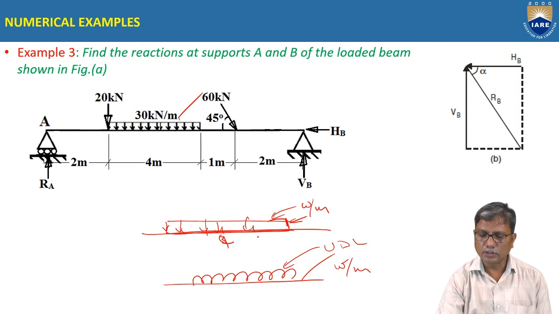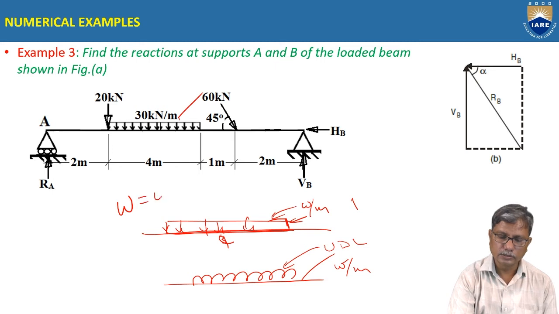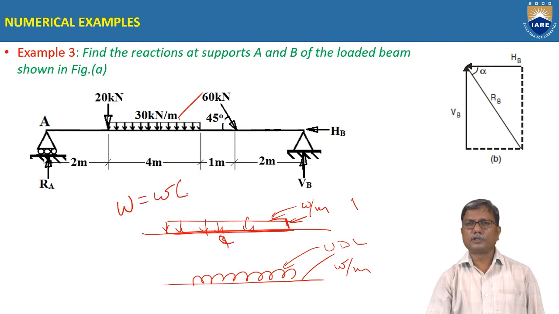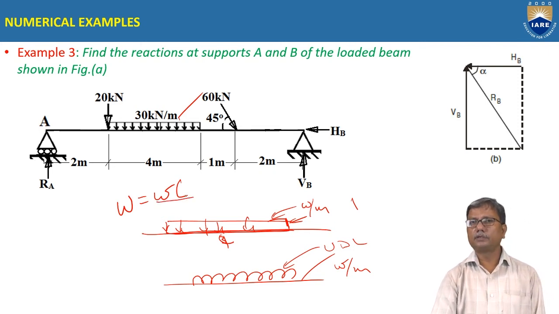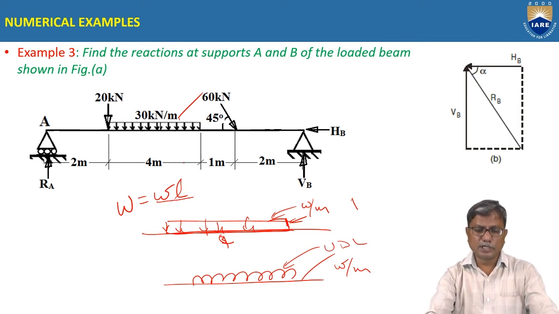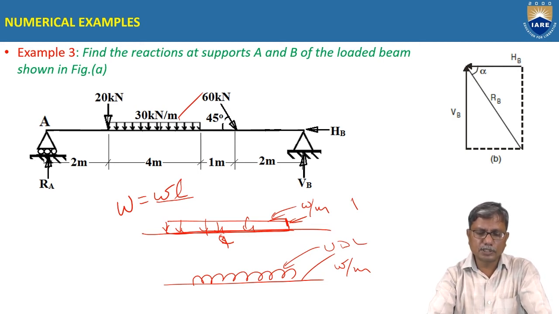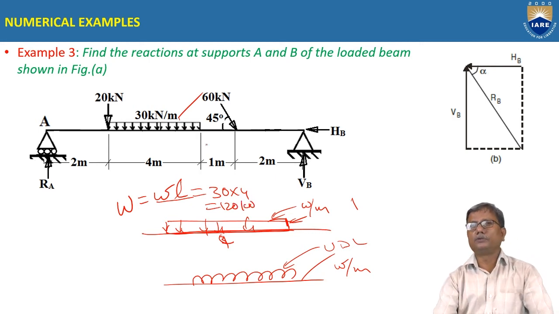So the total load W is equal to small w, the intensity of loading, into the length of loading. For 1 meter the load is 30, so for 4 meters what will be the load? 30 into 4, that is 120 kilonewtons. Total load is 120 kilonewtons.